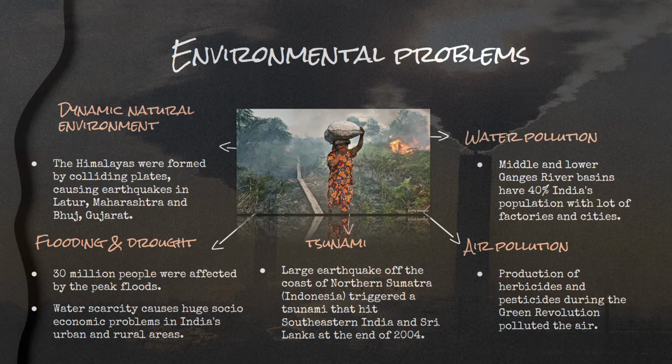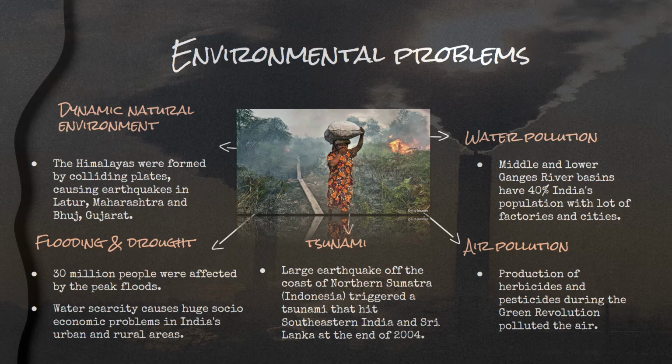Next, flooding and drought. In the Lower Ganges and Brahmaputra valleys, 30 million people were affected by the big flood. Deforestation in the upper reaches of these rivers and their tributaries in India, Nepal, and Tibet has increased flooding levels, but there is little regional collaboration to mitigate this effect. Drought is another issue.